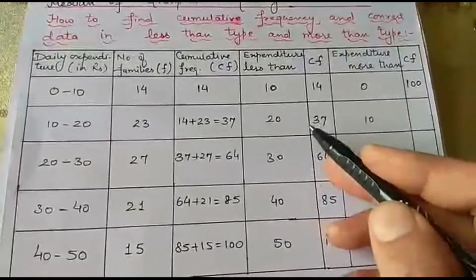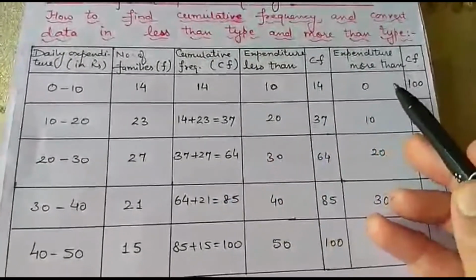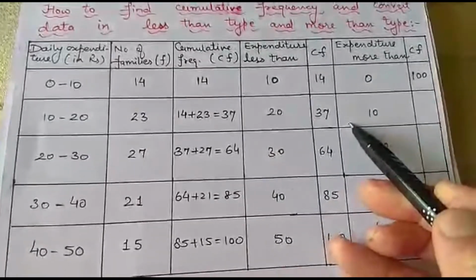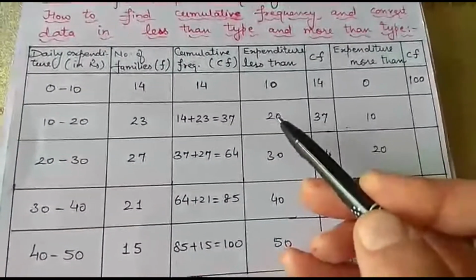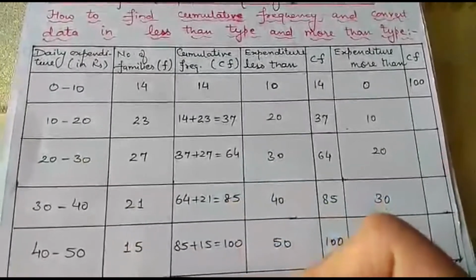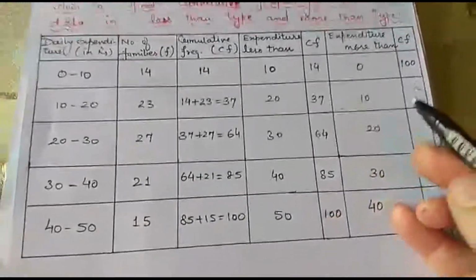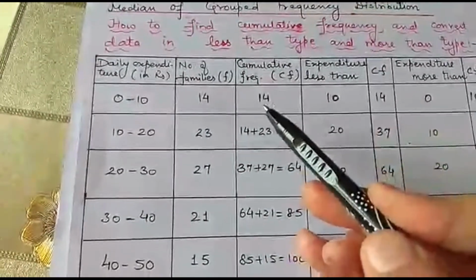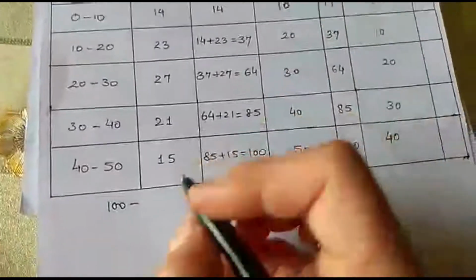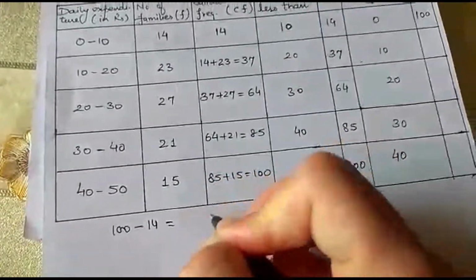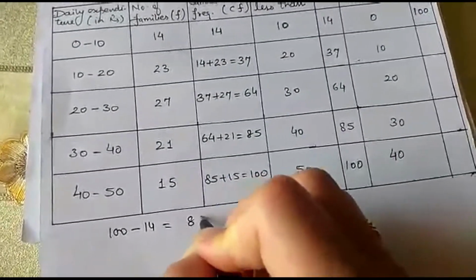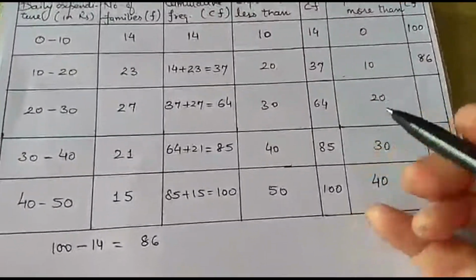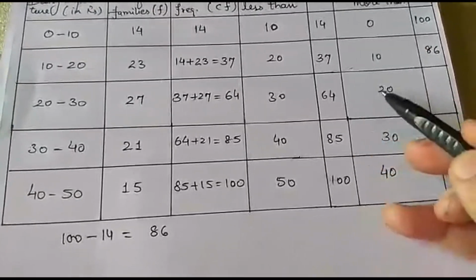Next, for the next class, expenditure more than 10. When you say more than 10, everything after 10 is considered. So in that case, what we will do: the total frequency was 100, the first frequency was 14, we will subtract it from that, so it will be 86. So 86 will come here. Next, expenditure more than 20.